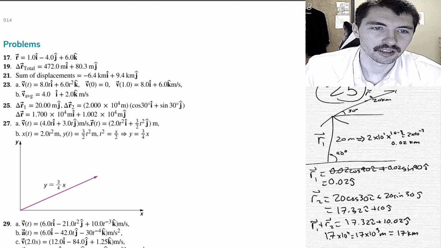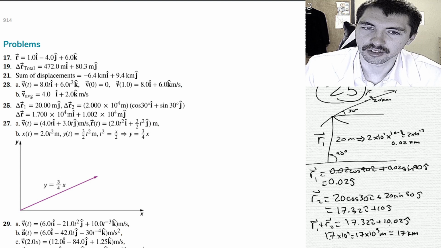They're getting the i hat right, and then they should get the j hat the same. So I think our calculator is a little bit more accurate.